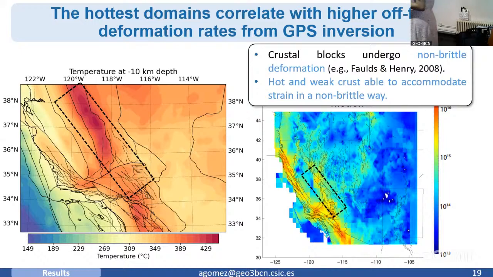So something is going on. And according to our model, we have hot regions in this area, pointing towards a weak crust, therefore able to accommodate strain in a non-brittle way.